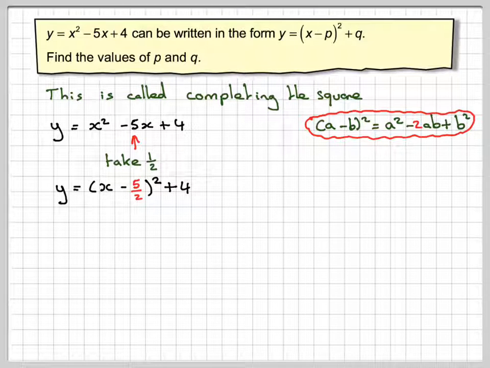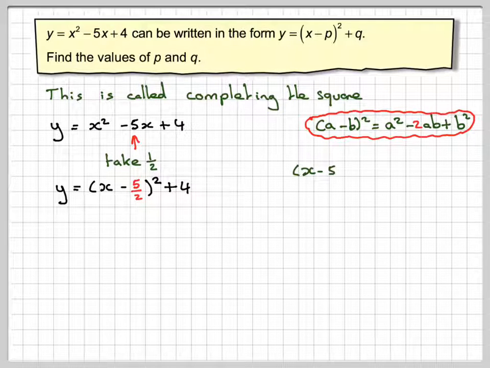4. Now, what we need to do here, of course, is to correct for the fact that by doing this process we've actually added something to the whole thing. In fact, we've added 25 over 4.